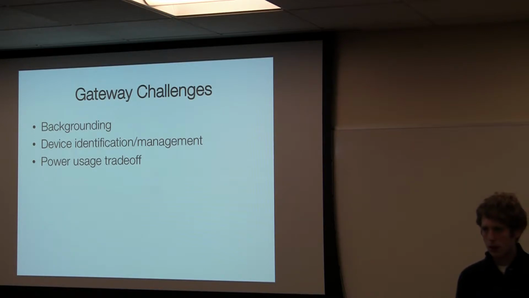Additionally, when you're creating a gateway, one thing that you have to think about as you're running an additional application and doing extra network traffic is the power usage trade-off, in that it will definitely have an impact on the battery life. But our current reasoning in these kinds of systems is that if you have a wearable or an embedded device, your first order is to actually conserve the battery life of that device, because oftentimes those aren't charged every day.